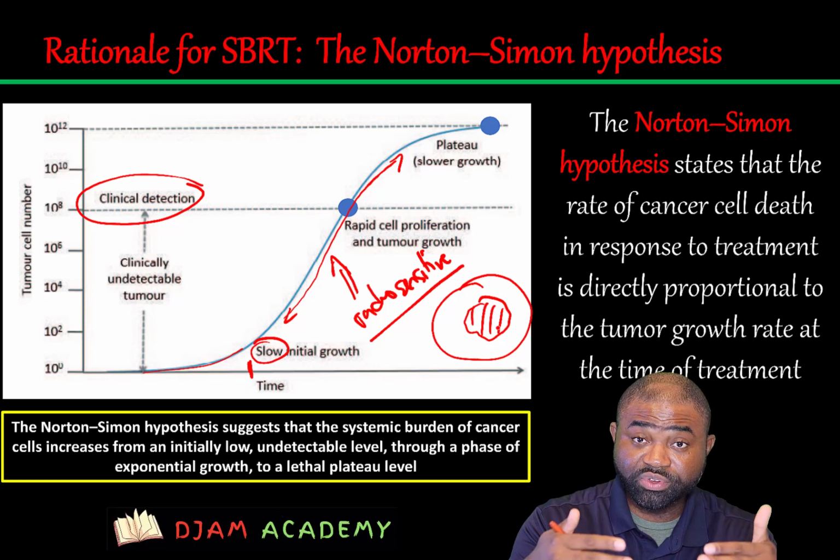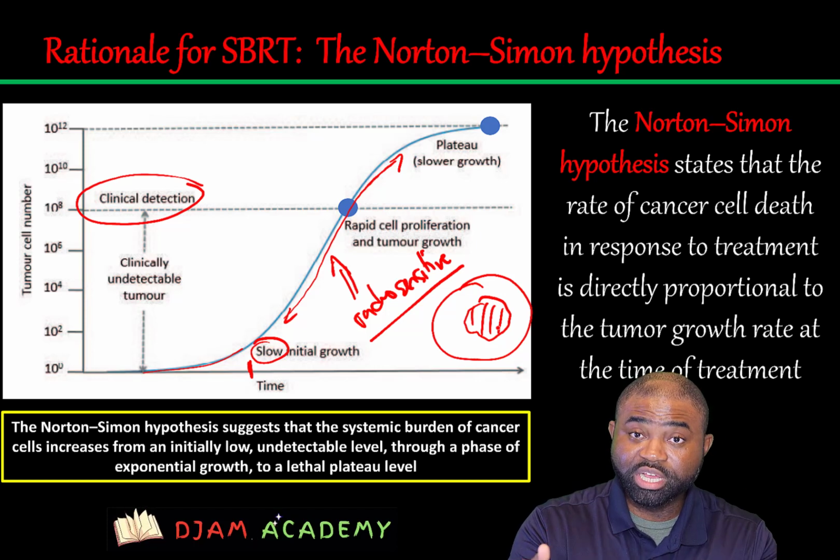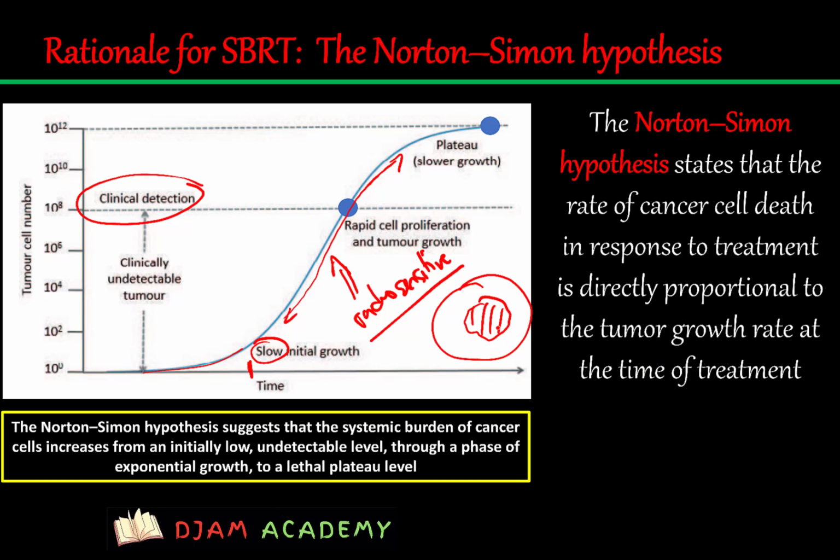Because they are short-circuited from the oxygen supply, they become hypoxic. Hypoxic cells have a tendency to become radioresistant. And so we stand to reason that if we can attack and kill the cells when they are still radiosensitive, then we stand a higher chance of actually healing the patient. Hence, SBRT becomes really, really appetizing.